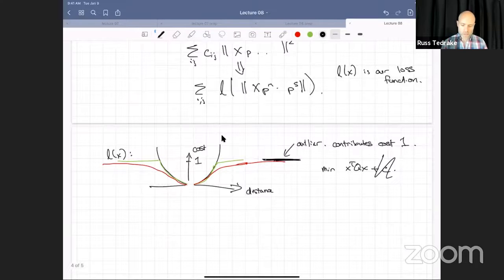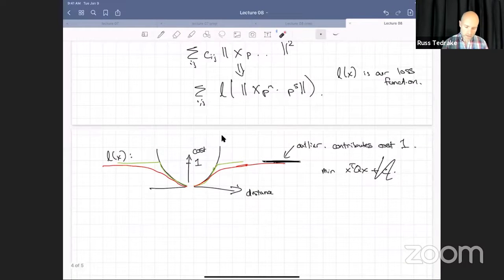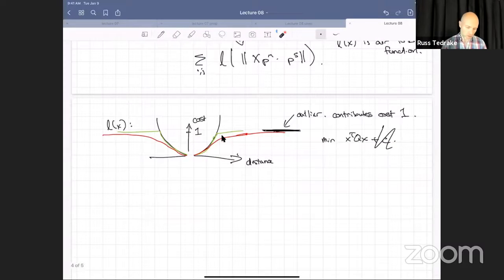The reason to switch from this C_ij version to the L version is that I'm going to make one more change, and it's going to make things really fast, really satisfying. There's a satisfying way to avoid some of the cost of the nearest neighbor search for every point pair.